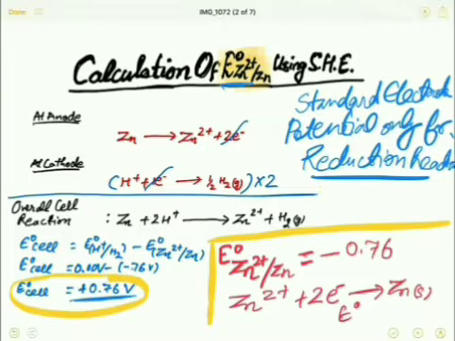Means here in this reaction you can see that zinc is getting oxidized into zinc 2 positive ion, but in order to write the standard electrode potential we have to write the reverse reaction, and this is the reverse reaction you can see. And for this reaction the value of standard electrode potential of the zinc gets reversed and it comes out to be minus 0.76 volt.